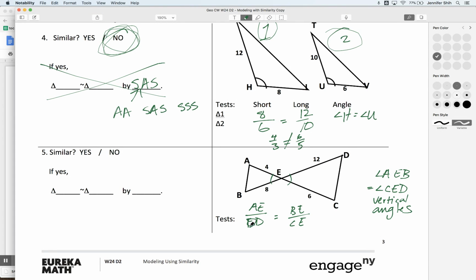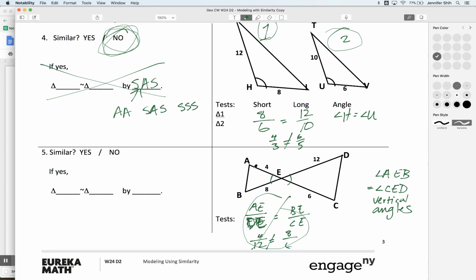This should be DE. It's not. This should be DE. Okay, let's try. AE is 4, DE is 12. Is that equal to 8 over 6? No. This is less than 1. No, it is not equal. Does that mean these triangles are not similar? Not necessarily. This is one of the tests. So this did not work.